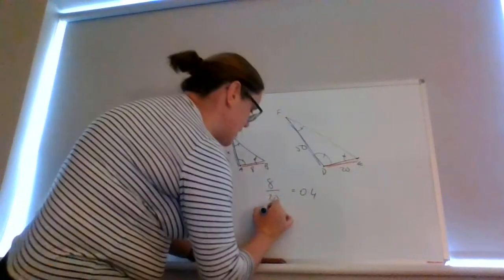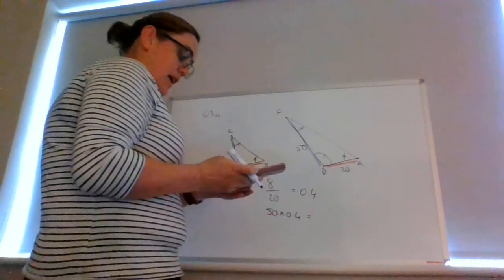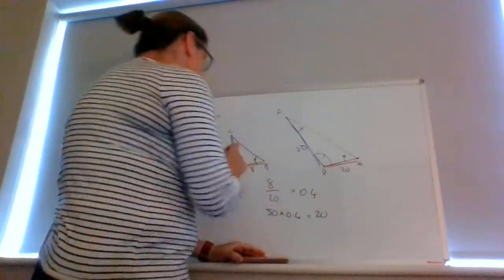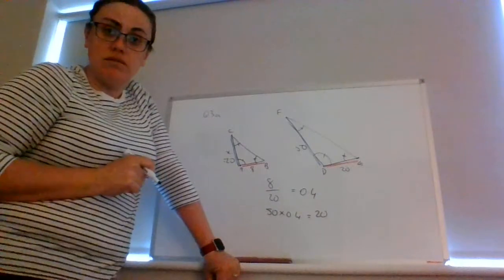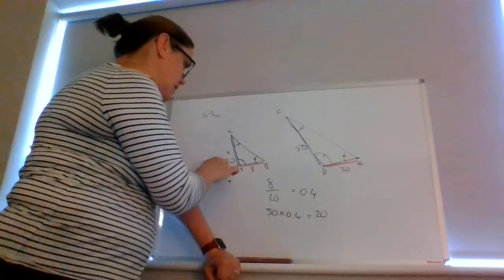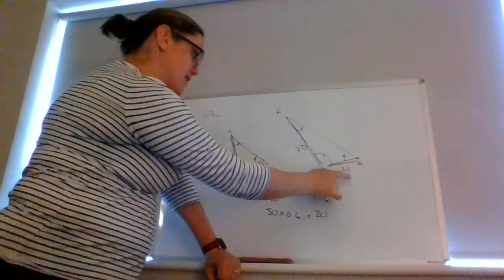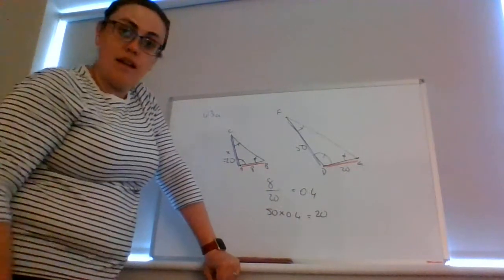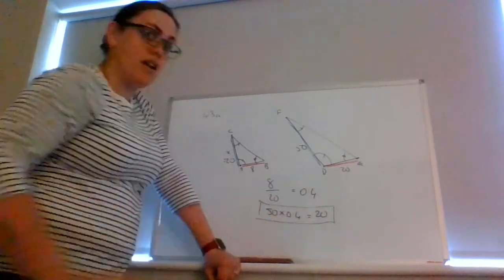Okay, and then I would just take 50 multiplied by 0.4, and I would see that the answer I got was 20. So I would say x is equal to 20. And then I'd stop and say, well, does it make sense? That side is less than half of that size. Makes sense.